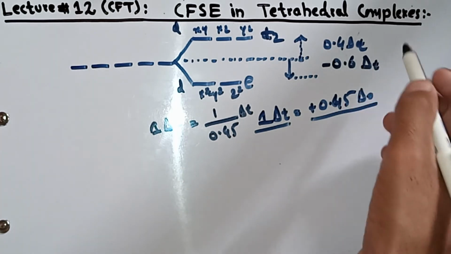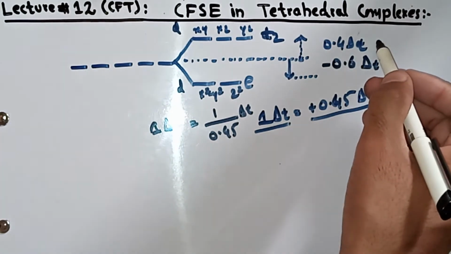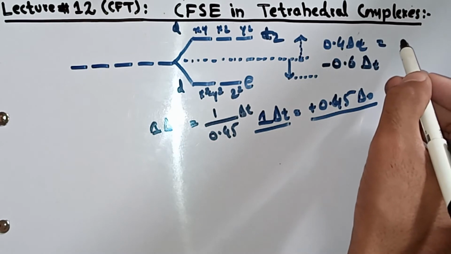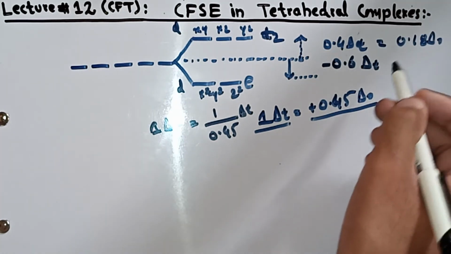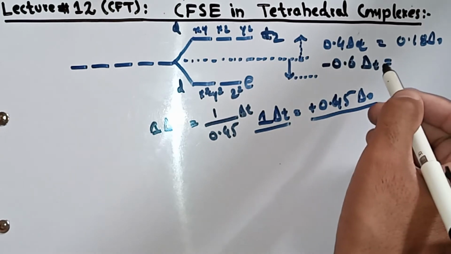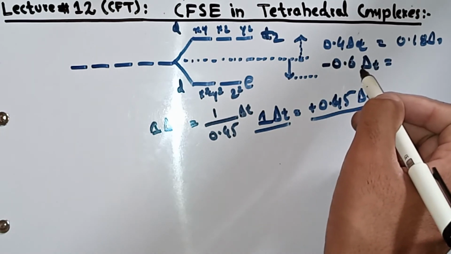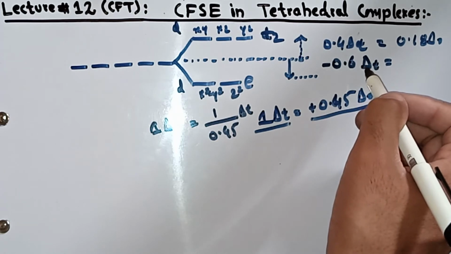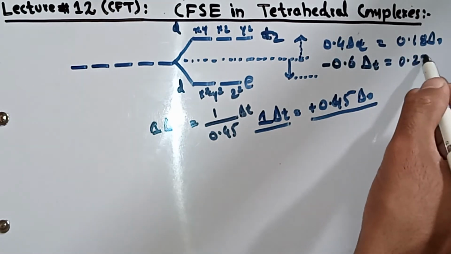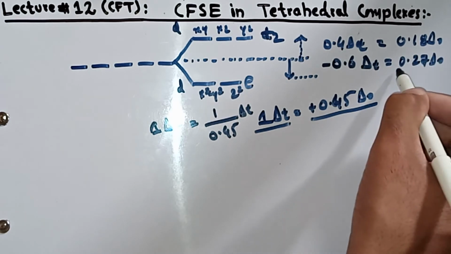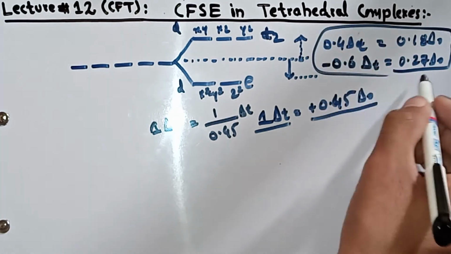So we can say that 0.4 delta t is equal to 0.18 delta naught. Also minus 0.6 delta t is equal to minus 0.27 delta naught. Is it clear?